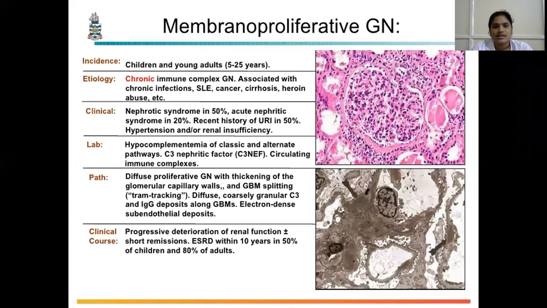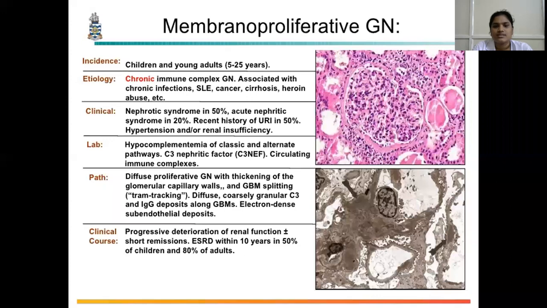Incidence is in children and young adults. Etiology is usually chronic infections, SLE, cirrhosis. Clinically nephrotic in 50%, so it also has a nephritic component. Acute nephritic syndrome in 20%. Hypertension and renal insufficiency are the clinical presentations.